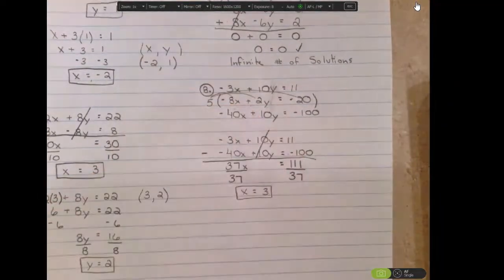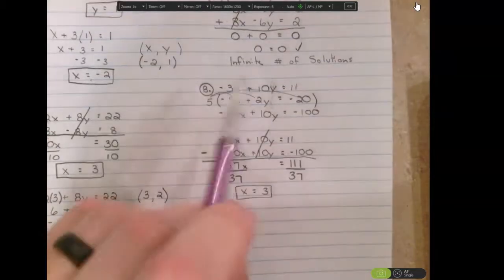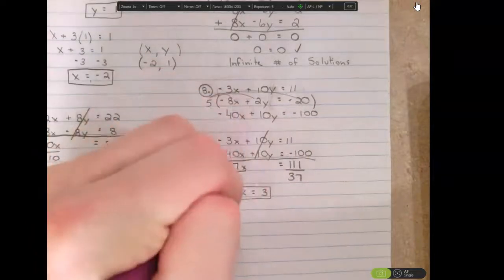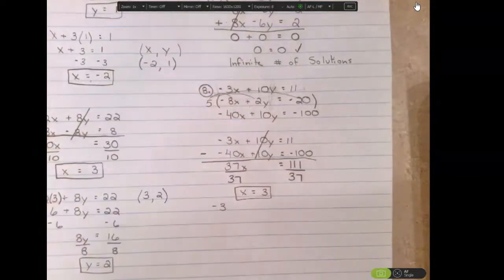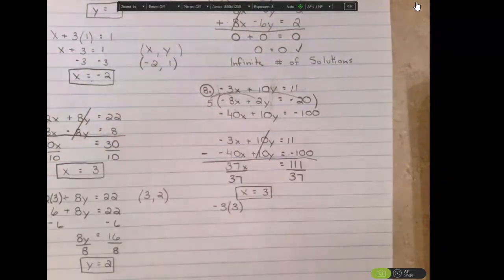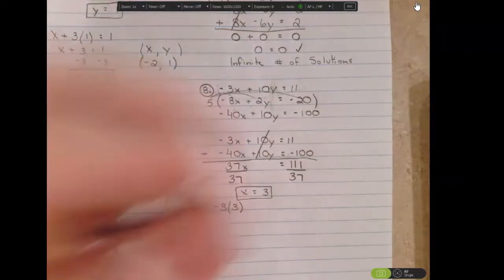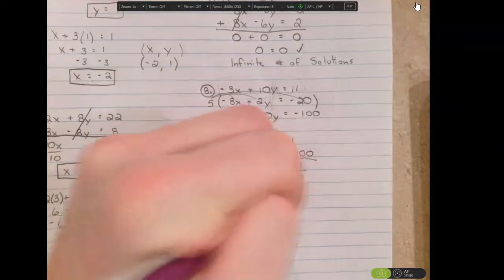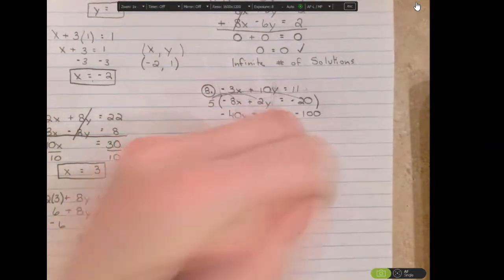I need to get y. So I'm going to plug this 3 back into one of my equations. I'll plug it in this first one up top here that we see. Negative 3. Now everywhere I see an x, I'm going to write in 3. So negative 3 times 3 plus 10y equals 11.